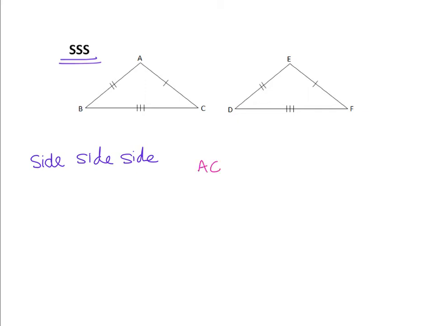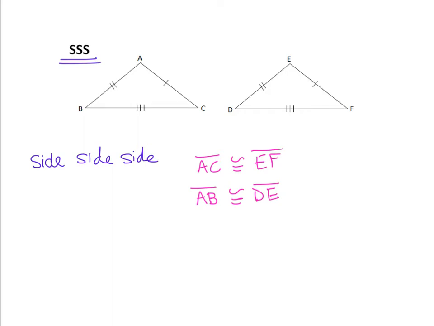So for example, if you look at all of our markings up here, we can see that side AC is congruent to EF. So there's one side that's congruent. We also can see that side AB is congruent to side DE. So all that I'm doing is I'm matching up these dashes, these corresponding marks over here. So now we have two pairs of sides that are congruent.